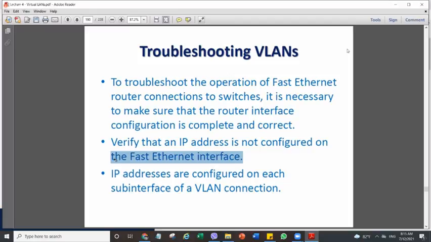That means we are going to troubleshoot the Fast Ethernet router connection to the switch. Your focus is here.